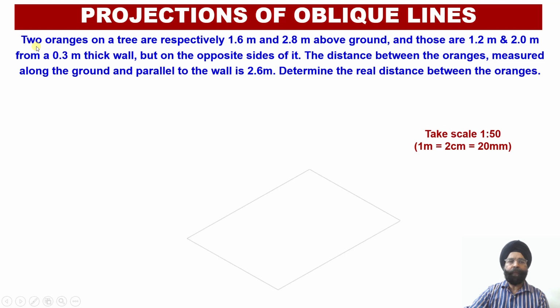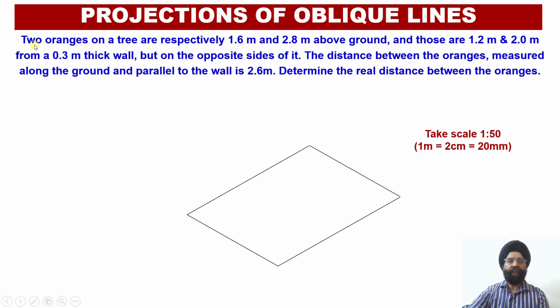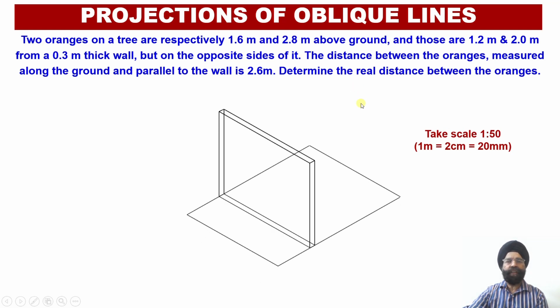Here we have a real life situation in which two oranges are available on the tree, lying at different coordinate locations. We have a wall, and these two oranges are on different sides of the wall.